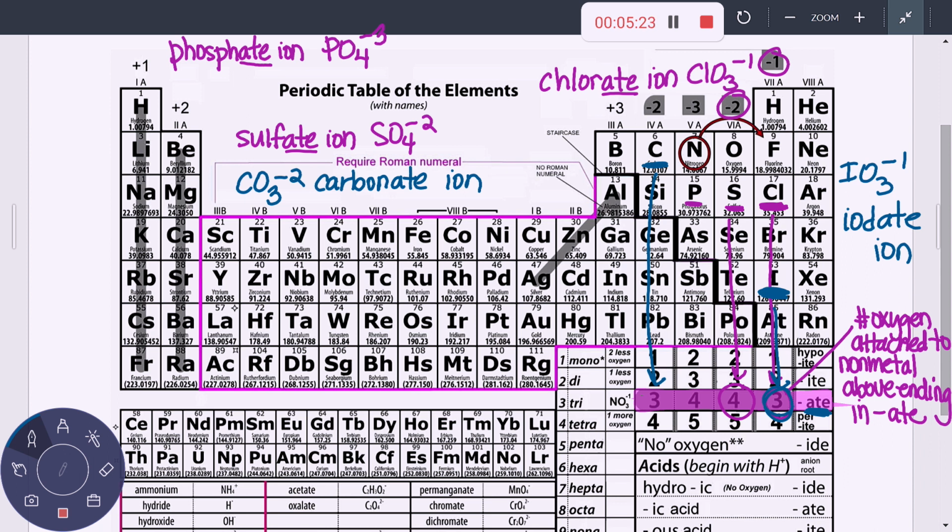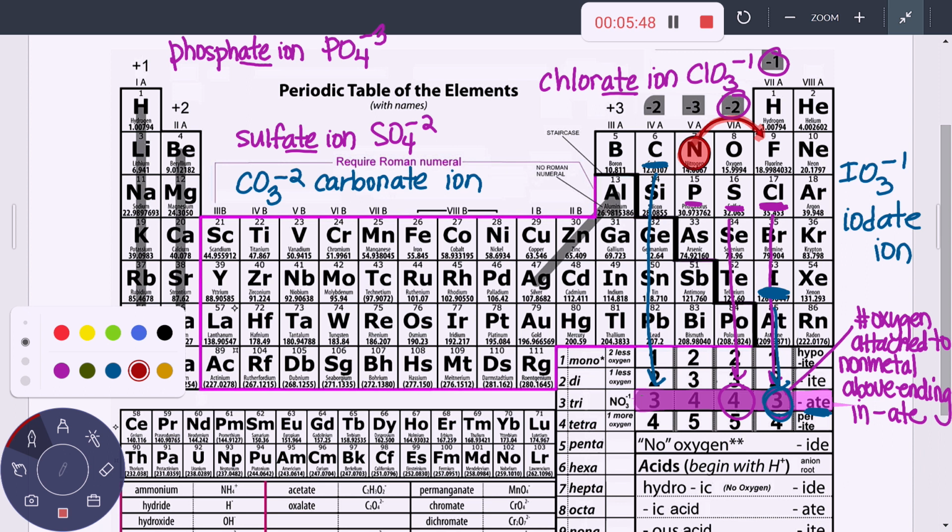Okay. Now, do you guys see this red circle around the nitrogen right here? And then you've got this arrow going over to this group. Okay? The trick that I'm teaching you right now works for all of the nonmetals except for nitrogen. So if we have oxygen attached to nitrogen, you have to move over to the other group and use its numbering system.